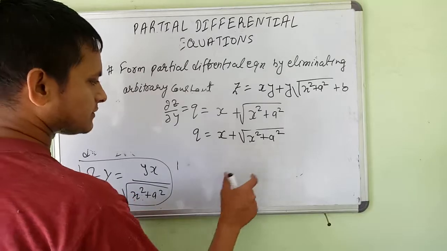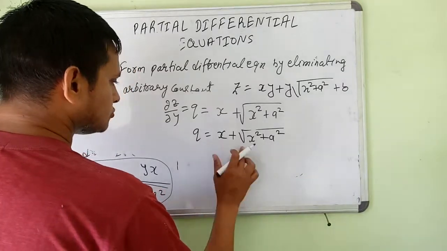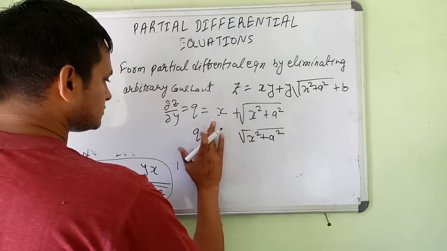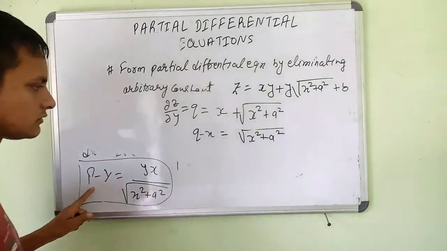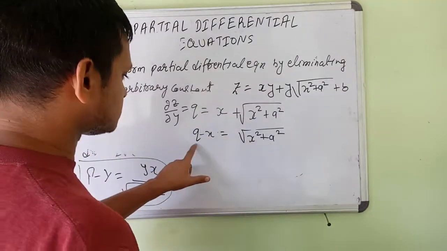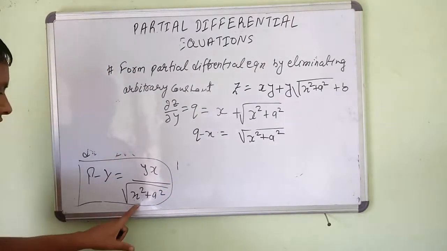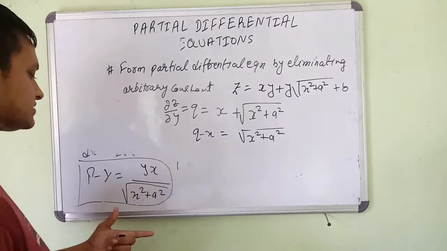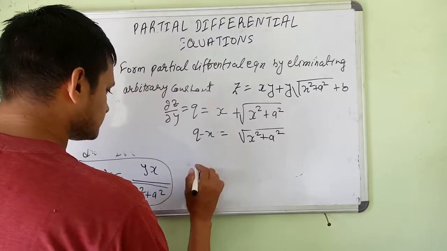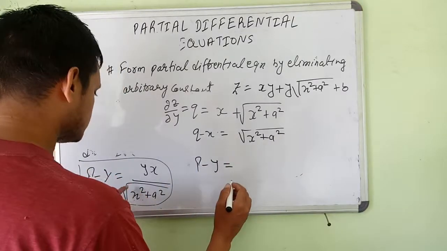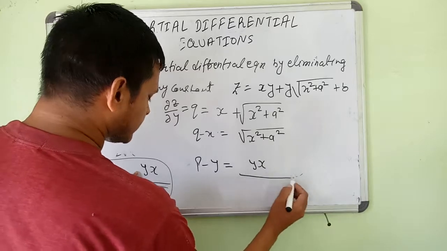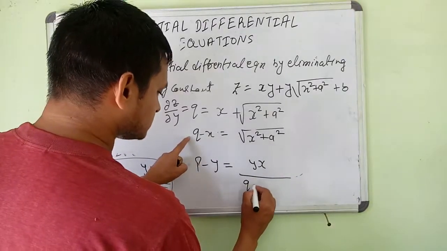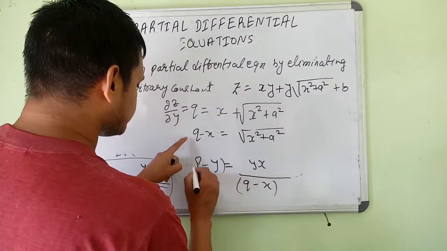So I am replacing from here, because √(x² + a²) is q − x. Now replace this square root of x² + a², not only x² + a². So p − y is equal to yx divided by q − x.